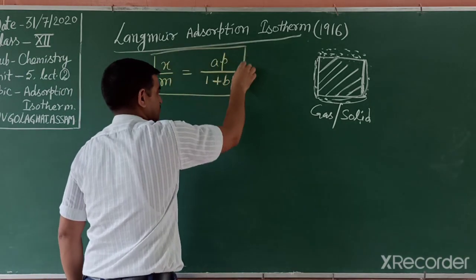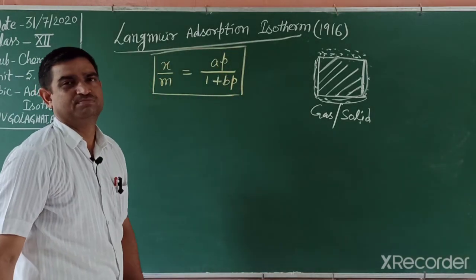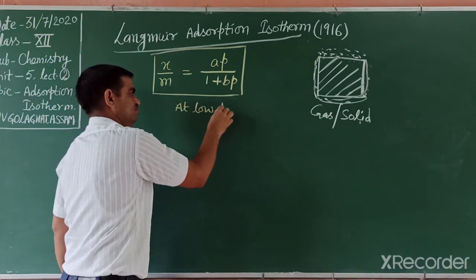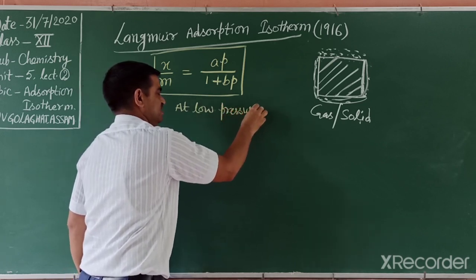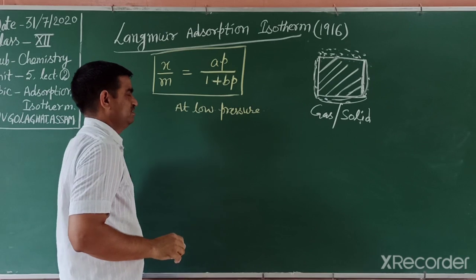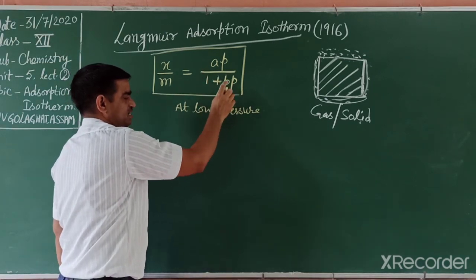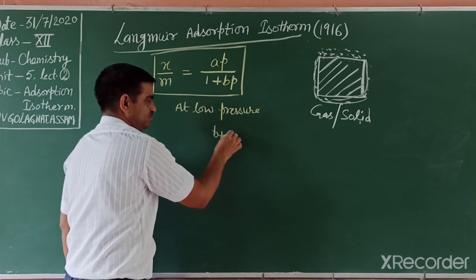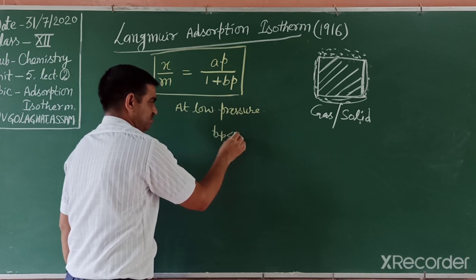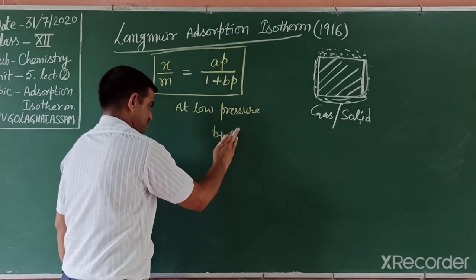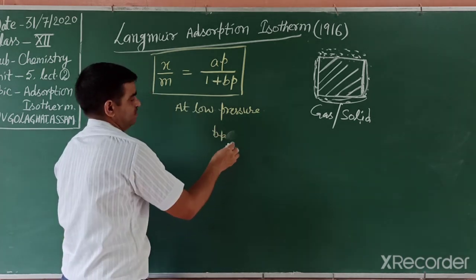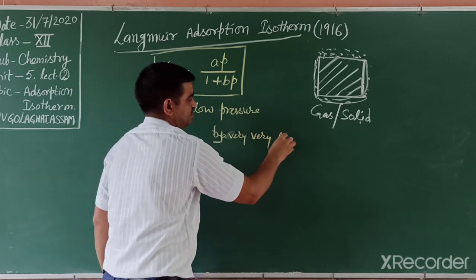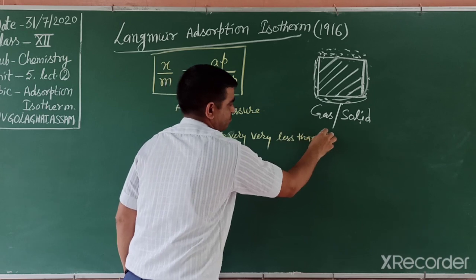This one is the Langmuir adsorption isotherm. At low pressure, then what happens? At low pressure, the denominator term BP value is very much less than 1.